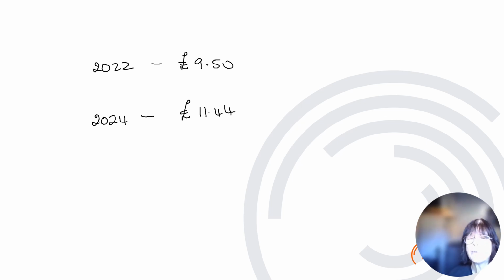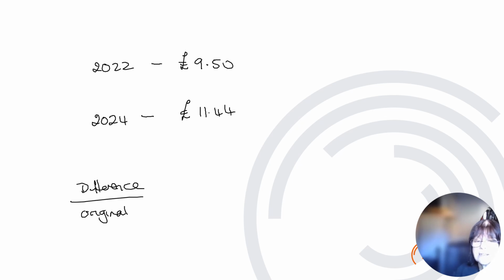So what we want to know is, what is the percentage increase in wages for people that were on the minimum wage in those 2 years? So we need to find the difference divided by the original and times by 100. So have a go, stop the video, see if you can work out the percentage difference, or in this case, the percentage increase, and then come back and we'll go through it together.